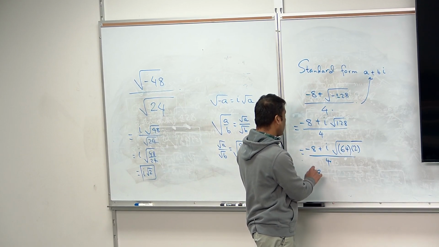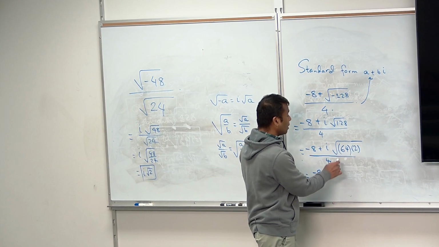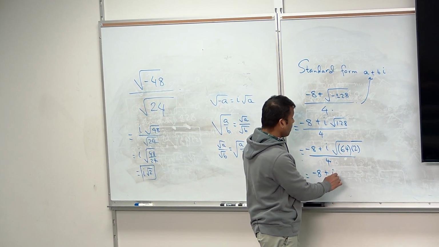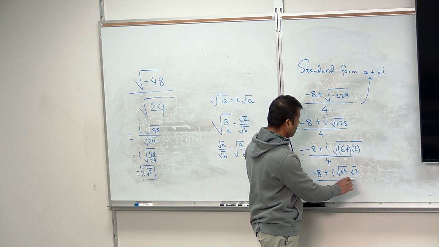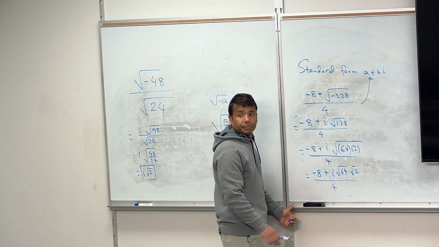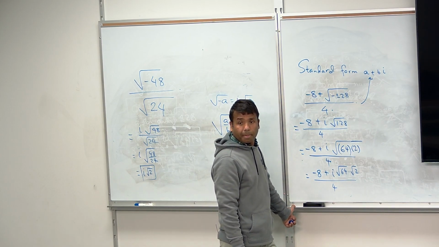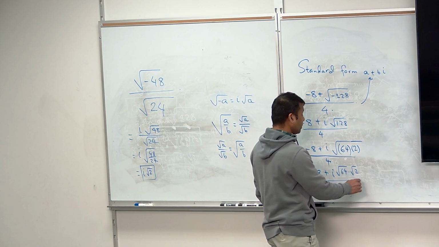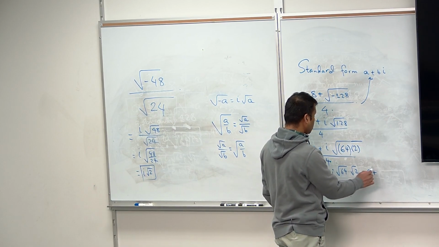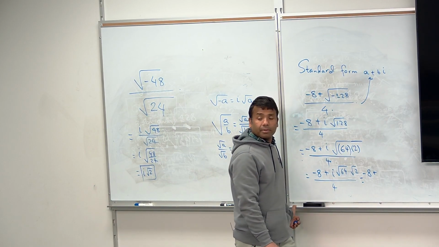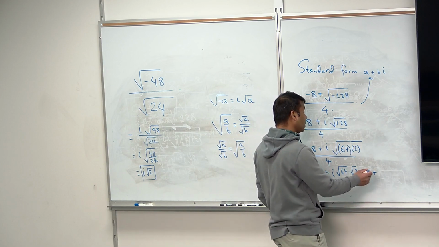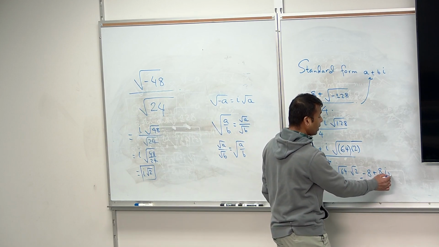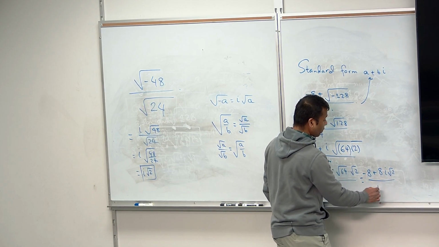So this is negative 8 plus i radical 64 times radical 2 over 4. So now this is negative 8 plus, what is radical 64, guys? 8i radical 2 over 4.